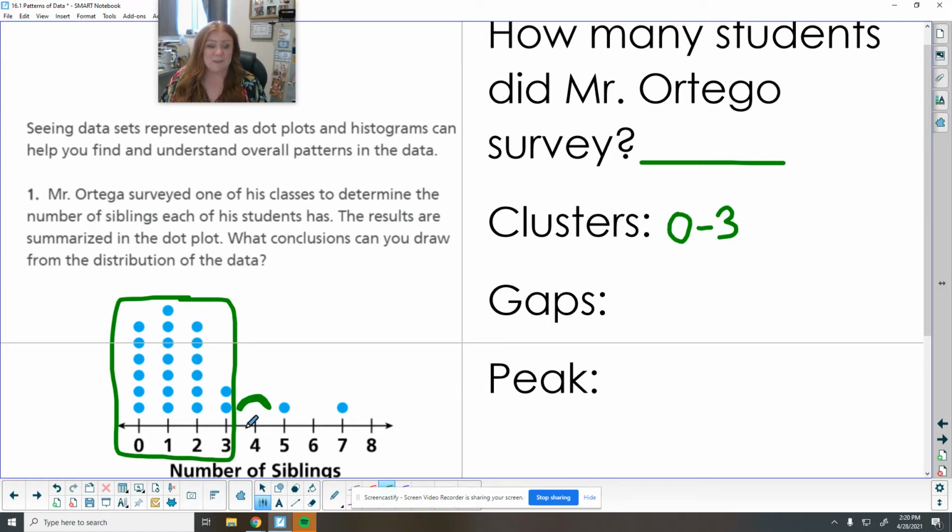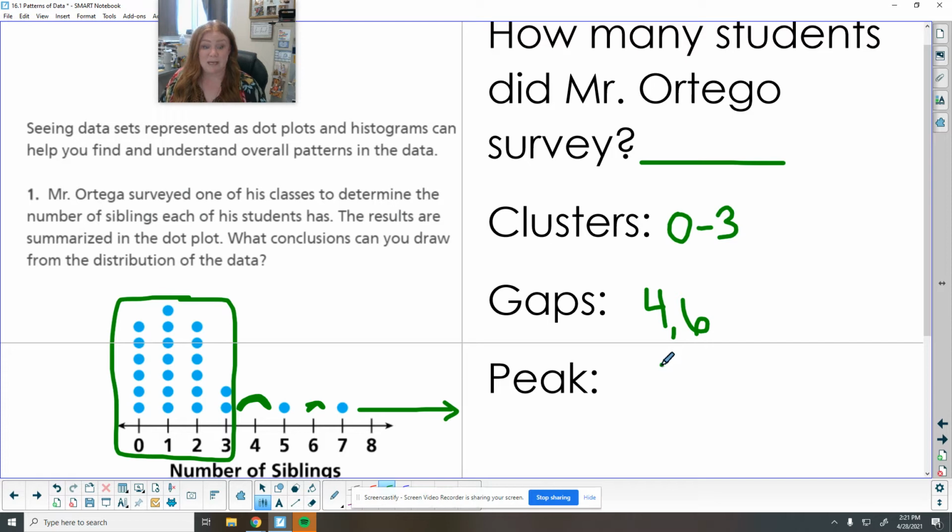Where are the gaps? Well, we have no data at 4. We have no data at 6. And we don't really have to list 8 as a gap, even though there's nothing there, because there's nothing past that point. Then the peak, again, remember, is our highest point. So where do we go up the highest?